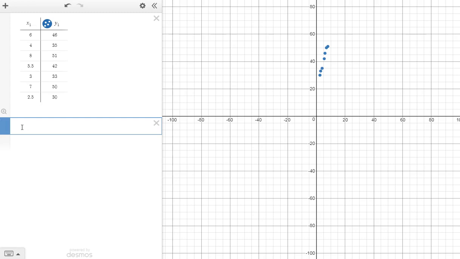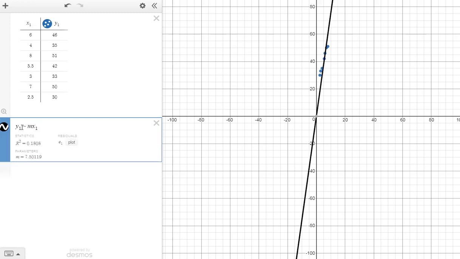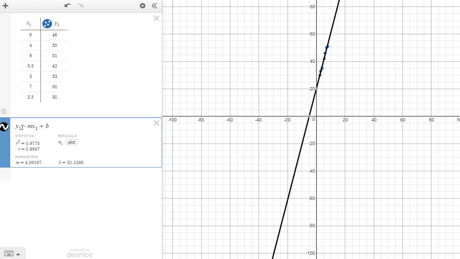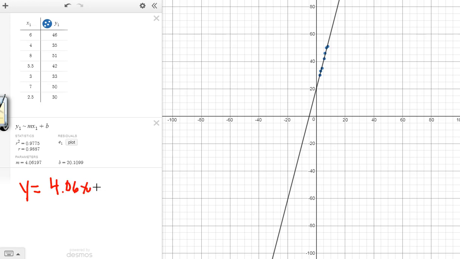Let's get the equation for our line of best fit. y1, little squiggly line, mx1 plus b, and there it is. With that, we can clearly see that our line of best fit is going to be y equals 4.06x plus 20.11.